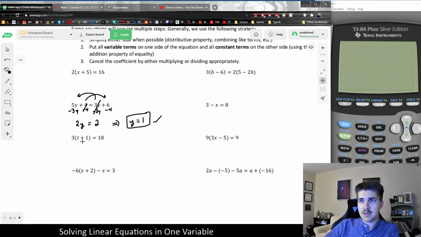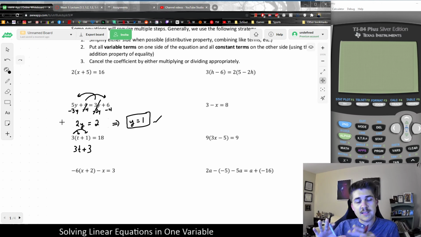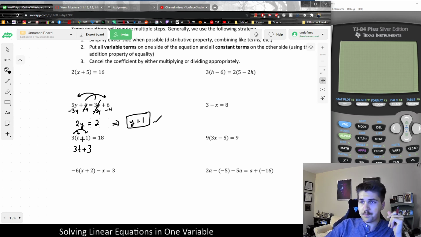Like in this case, 3 times t plus 1, we could use the distributive property to multiply this out. 3t plus 3, because remember that when you have parentheses, that means the whole thing is multiplied, in this case by 3. And we can always multiply our 3 to each individual term, which would leave us with 3t plus 3 on the left-hand side is equal to 18. And I don't have to do anything to the right side because the right side is already simplified.